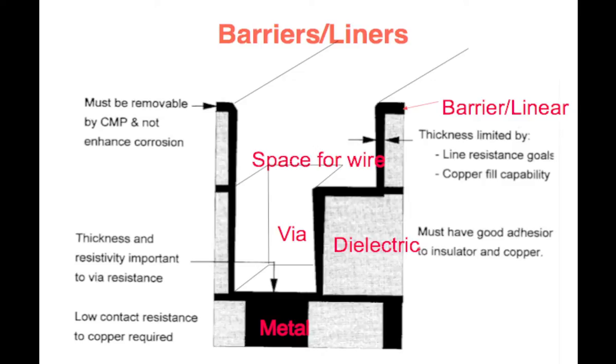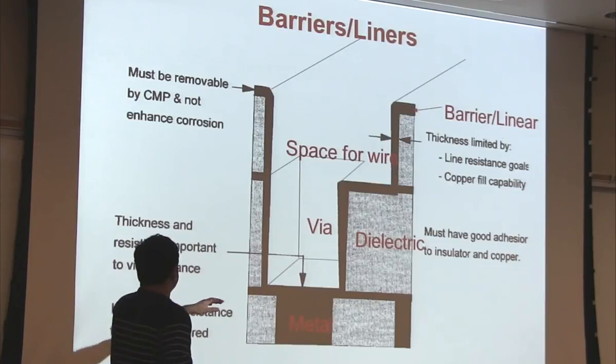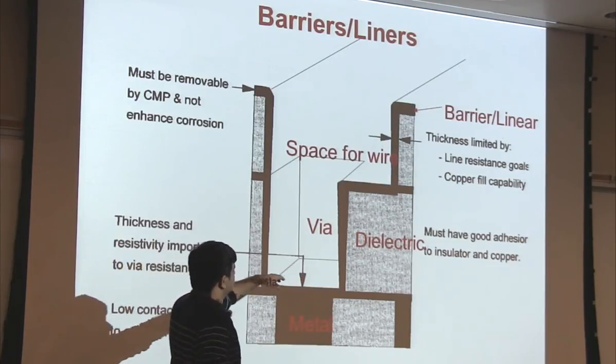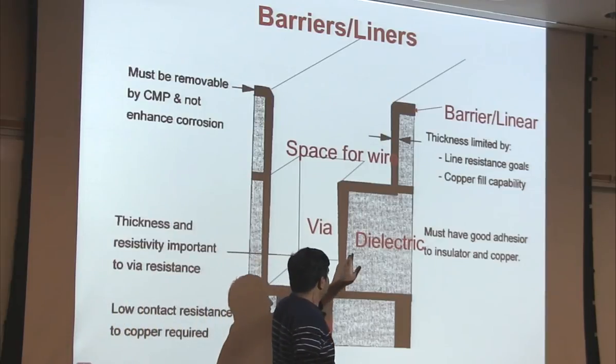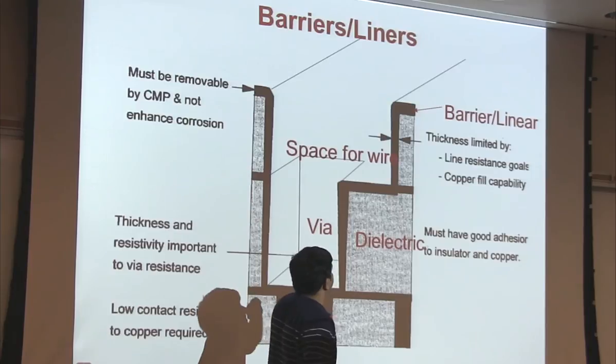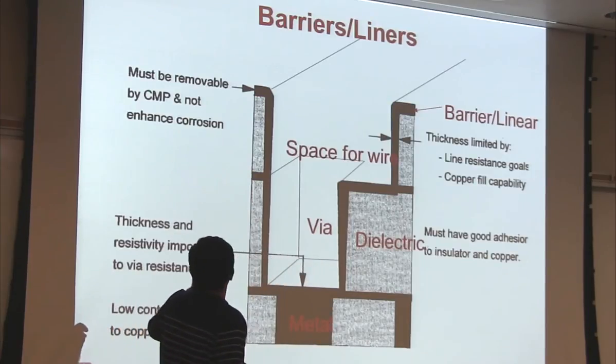Some of the specs on this barrier or liner material are that it should first of all be a good barrier, so it should prevent materials from diffusing in. More importantly, it should have good adhesion with your dielectric as well as the material you're trying to fill in, right?